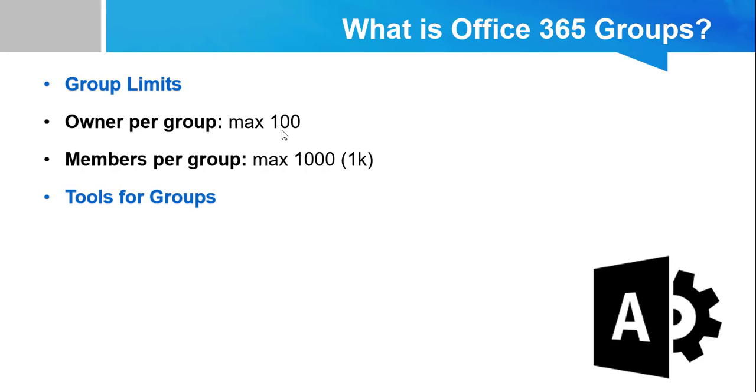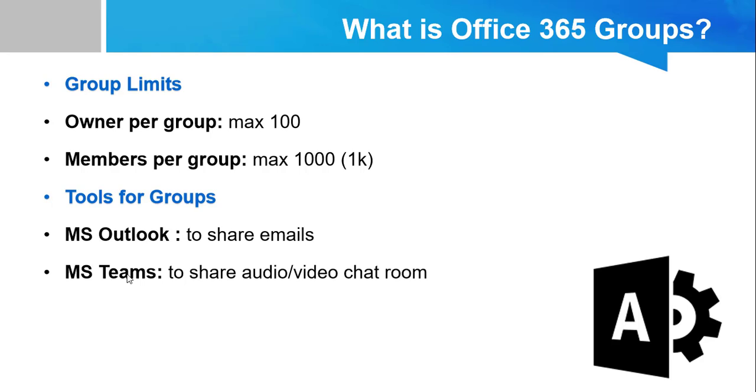Tools for groups. There are so many tools in Office 365 using which we can create groups. MS Outlook: using MS Outlook, we can create a group to share emails. We can also create groups using MS Teams, which is used to share audio and video chat rooms.